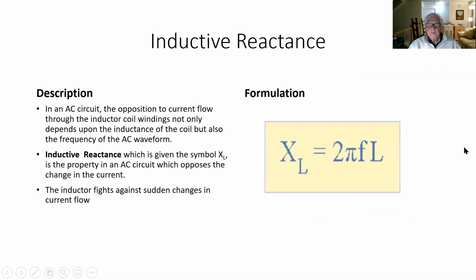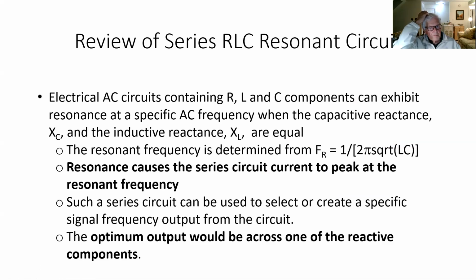And again, the governing inductive reactance, XL is equal to 2 pi times the frequency times the inductance. So as frequency goes up, so does the inductive reactance. And as the inductor value goes up, so does its reactance. Those are the equations that we are going to be using to figure out what happens in a parallel circuit.